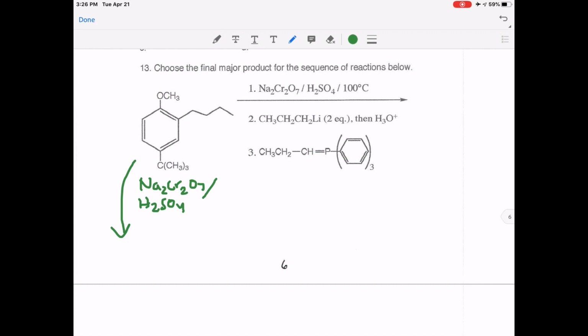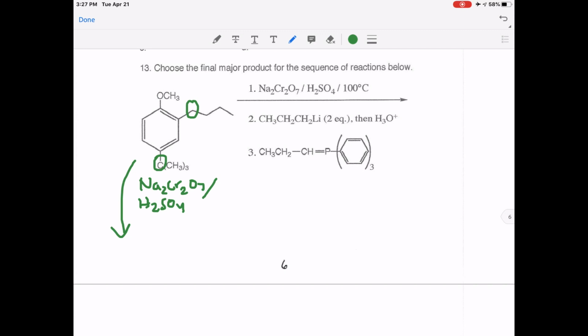But for an oxidation of an alkane on a phenyl ring, we have to focus on the benzylic position, because mechanistically that's where pretty much all the action happens. For the straight chain alkane, the benzylic position is right there, and for the alkane at the bottom, the benzylic position is that carbon, because again, the benzylic position is the carbon that is adjacent to the phenyl ring.